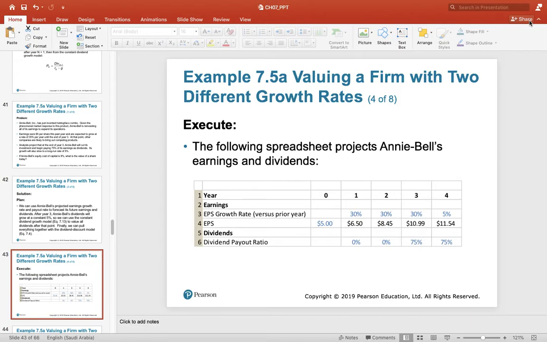So the company's earnings per share is $5 in year 0, growing 30% to 6.5 in year 1, 8.45 in year 2, 10.99 in year 3, and for year 4 it is only 5% growth, 11.54. The dividend payout ratio will be 0, 0, 75 and 75.